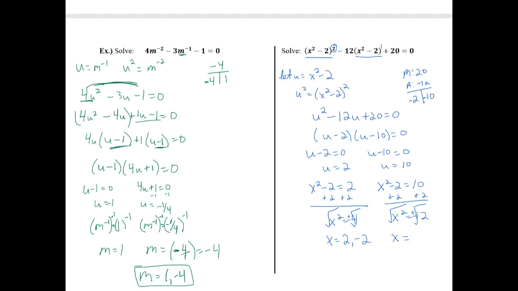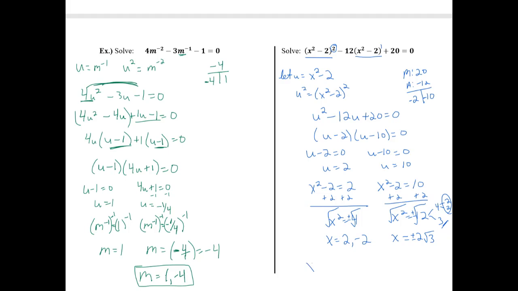Or, over here, square root of x squared is x, and I'll have the positive and negative square root of 12. I need to make sure I simplify that radical, break it down into 4 times 3, and 4 is 2 times 2. So there's my square, or my pair that I can take out, and I'll have a positive and negative 2 when I take those out, and I'll be left with square root of 3, so the 3 is under the radical.